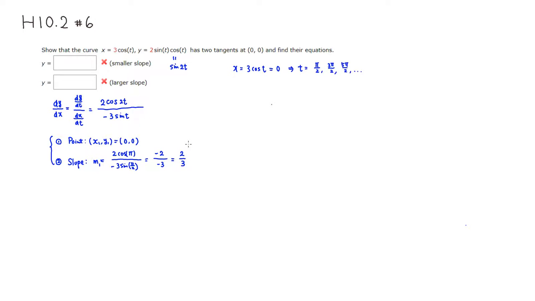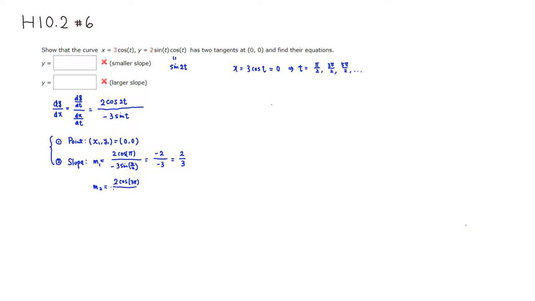I'm going to try another one. For m2, we'll probably get a different value. Say we try 3 pi over 2. So it's 2 times cosine of 3 pi over 2, which is 3 pi.